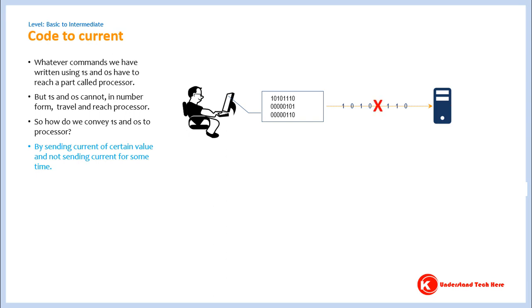Since ones and zeros cannot travel as numbers, something must be sent to indicate 1 and some other thing to indicate 0, right?